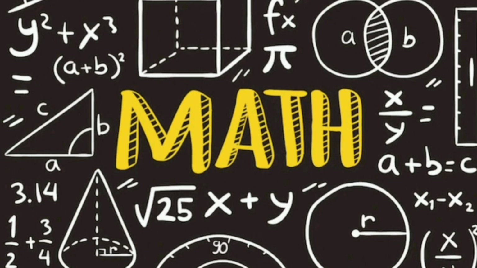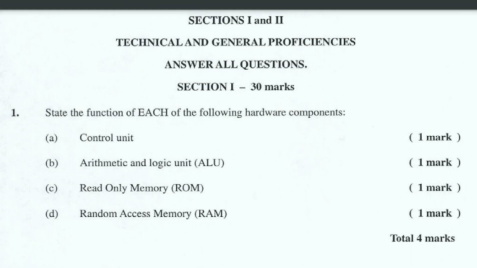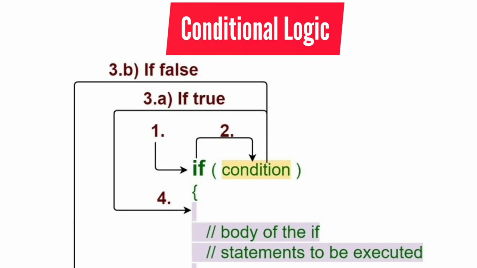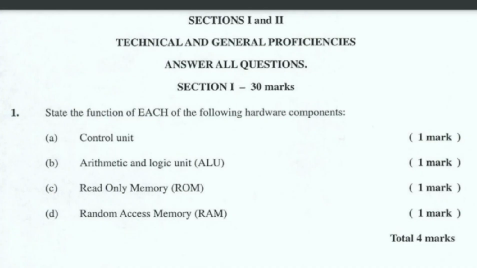Logic. If this happens, it should trigger this feature. If this happens, then this happens in a type of sequence and balances it out. That's the purpose of the ALU, the arithmetic and logic unit.